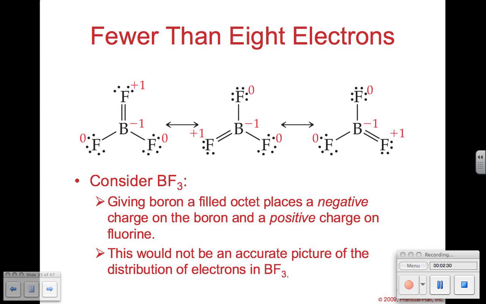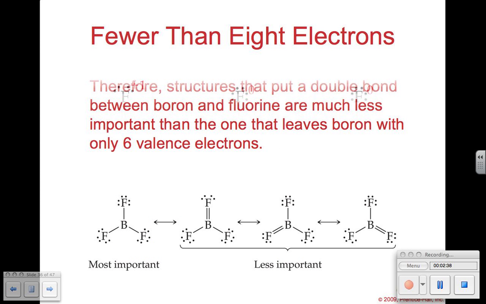When you look at it, giving boron a filled octet places a negative charge on the boron and a positive charge on the fluorine, and this just isn't an accurate picture. What actually happens is boron is fine with 6 valence electrons, so just 3 single bonds rather than maintaining the octet, which would really throw off the formal charges.